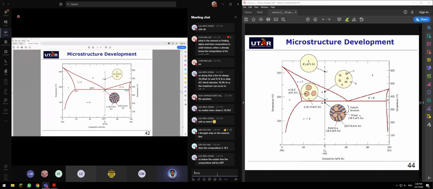So below the eutectic line, the composition will be different. Yes, if let's say this is your composition over here, your alpha rich composition and beta rich composition are constructed in these tie lines, and also these tie lines, which differ a bit from these tie lines. Can you see the difference between 97.8 and maybe here, somewhere around here? Not much of a difference for beta, but a bit significant difference for the alpha.